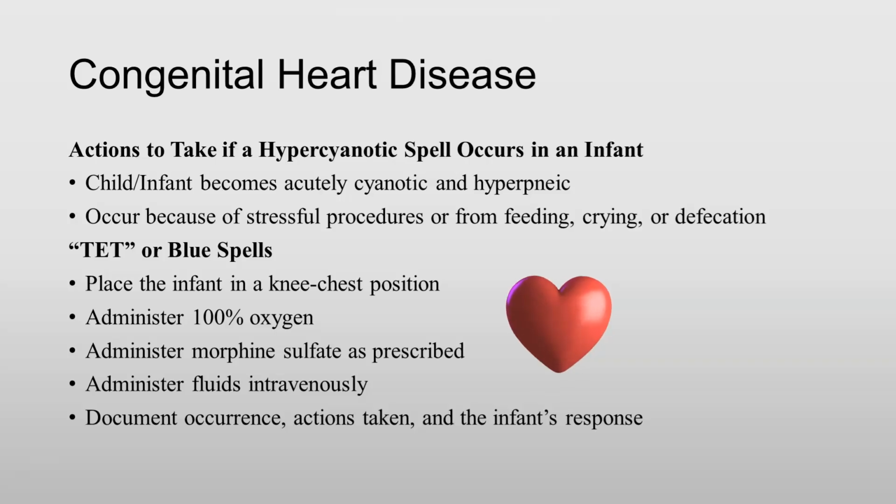It also decreases preload and afterload just a little bit to help decrease the cardiac workload of the heart. We can administer fluids continuously if we think that this client has an issue with polycythemia. And of course, you want to make sure that you are documenting anything that we do and documenting your evaluations, so the infant's response.